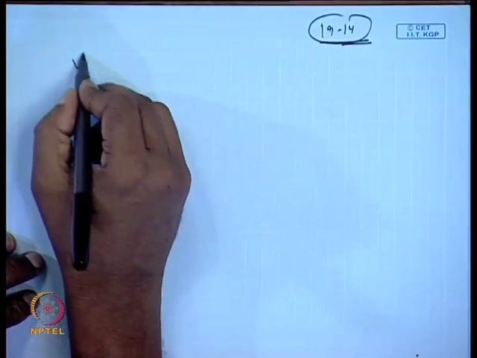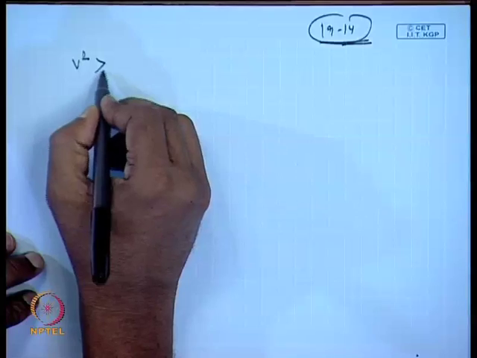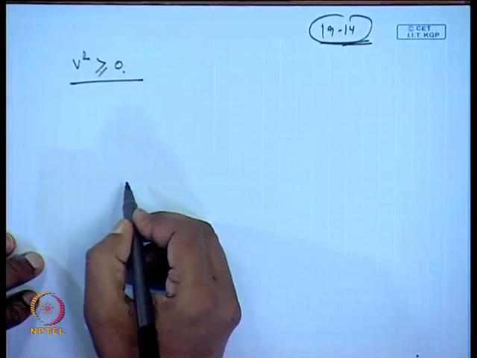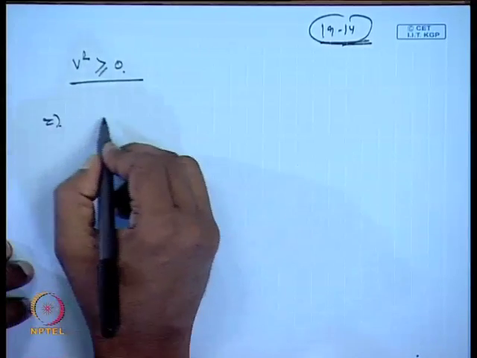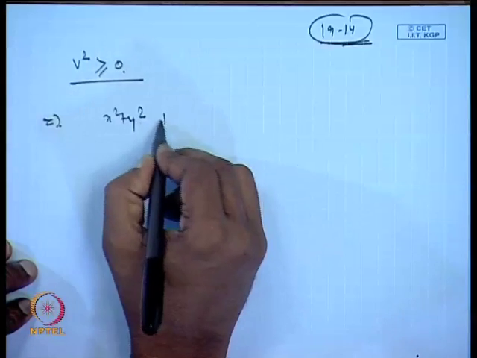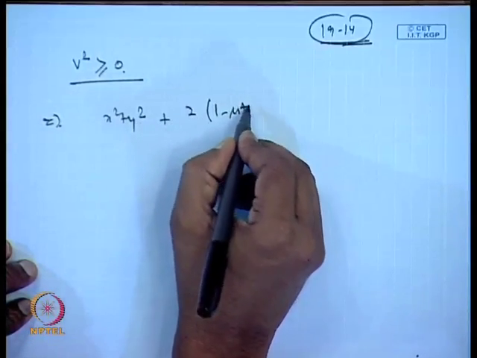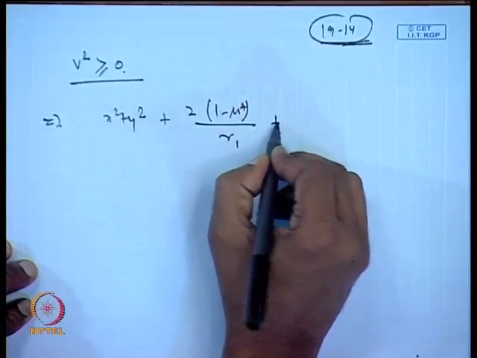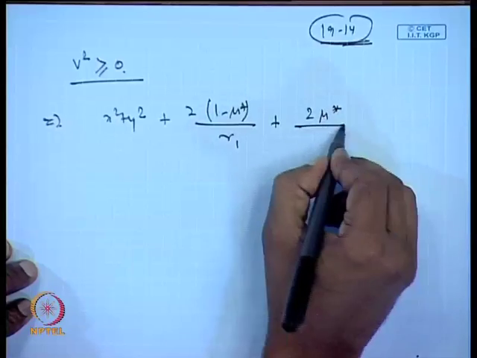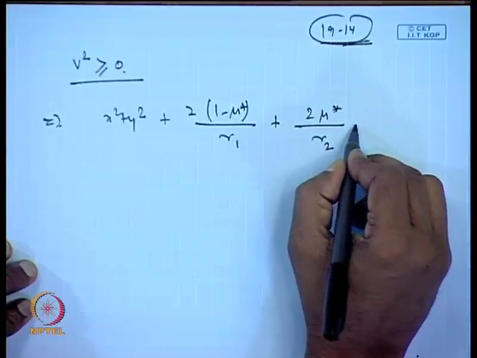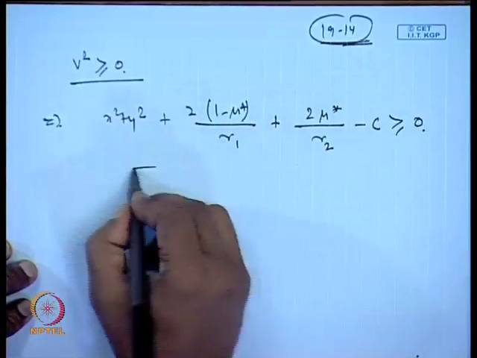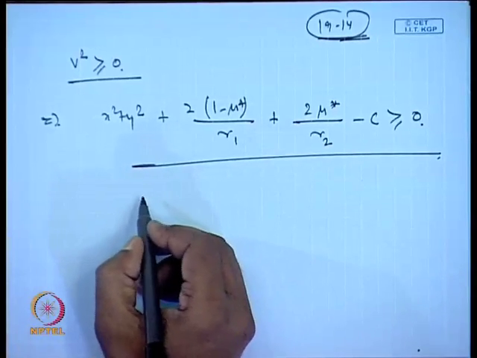Now, we know that v square is a positive quantity, or at most it can be 0, and therefore, this implies that x square plus y square plus 2 times 1 minus mu star by r1 plus 2 mu star by r2 minus C will be greater than or equal to 0. Okay.